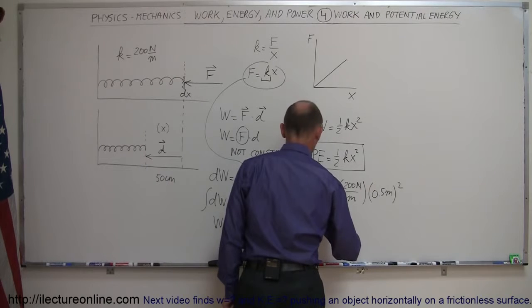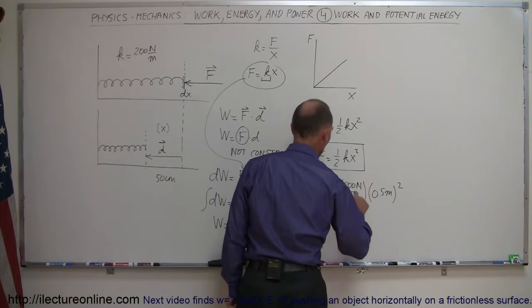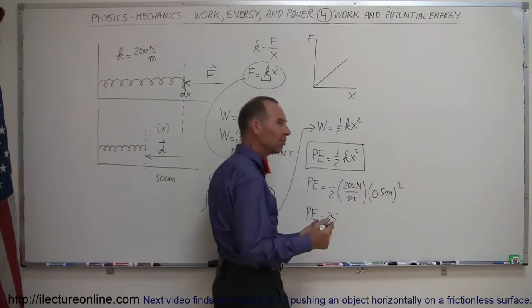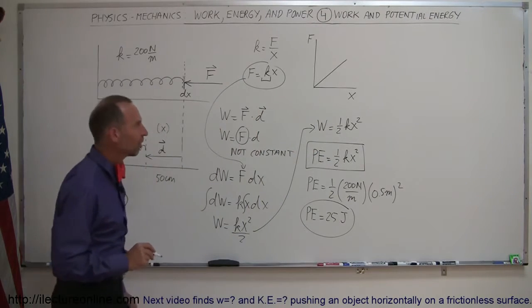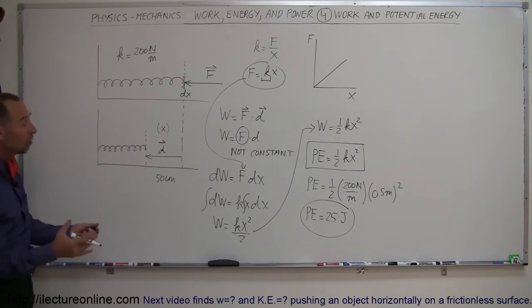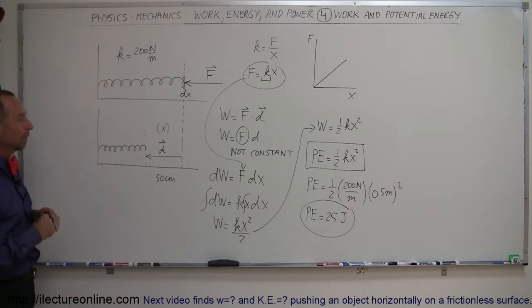So the potential energy stored in the spring would be 25 newton meters, which is equal to 25 joules. That's how we figure out how much potential energy we can store in a spring.